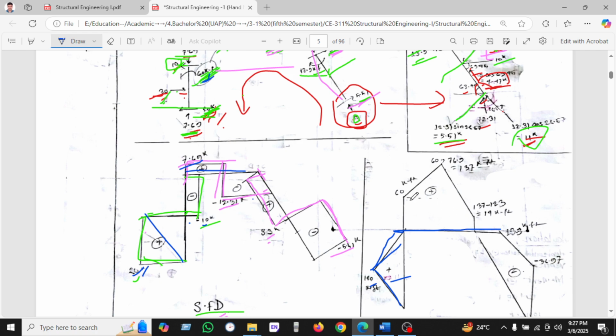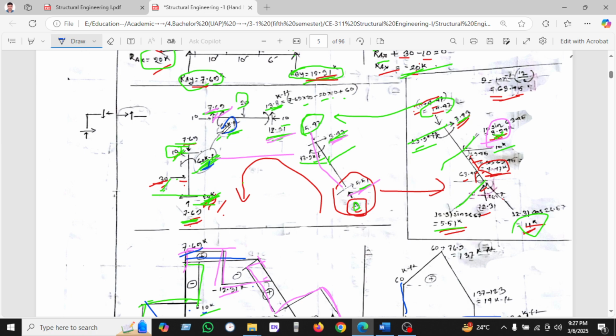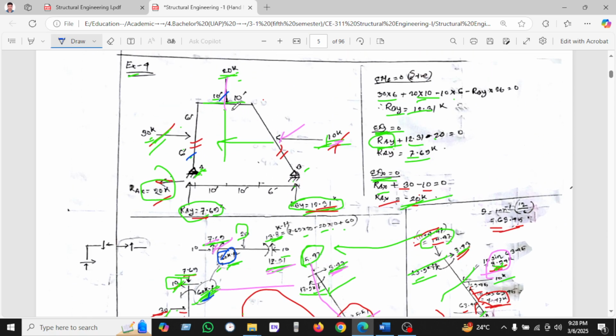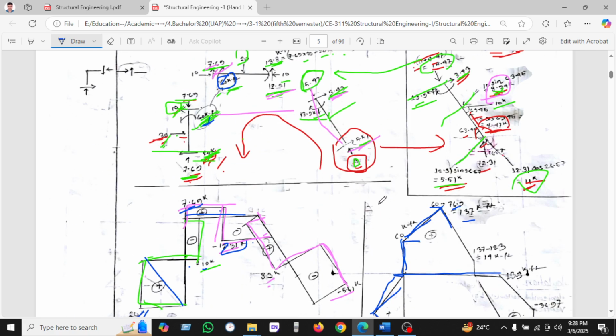As 60 is already given here, we take the 60, and now adding 7.69 into 10, which is 76.9, 60 plus 76.9 is 137. This is the 137, and minus this portion, which is 12.31 into 10, so it will be deducted.